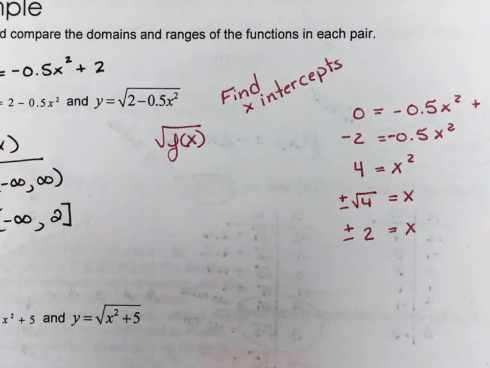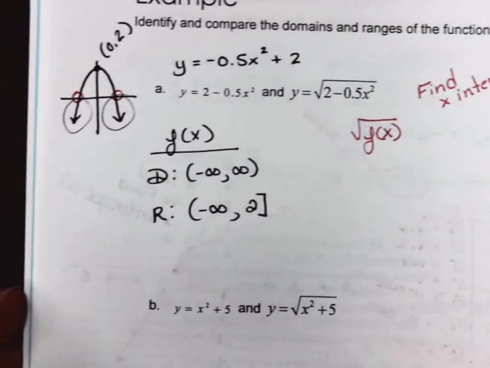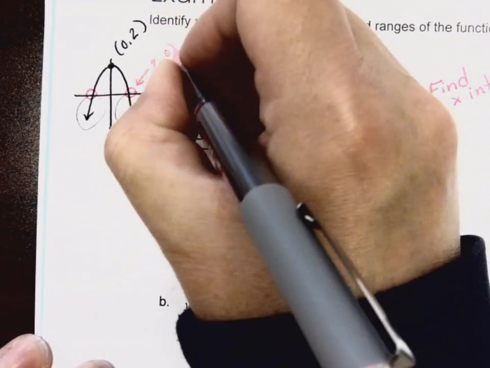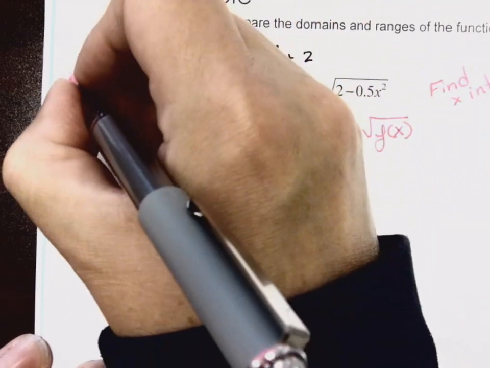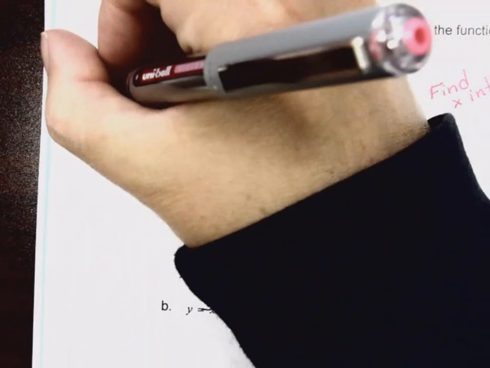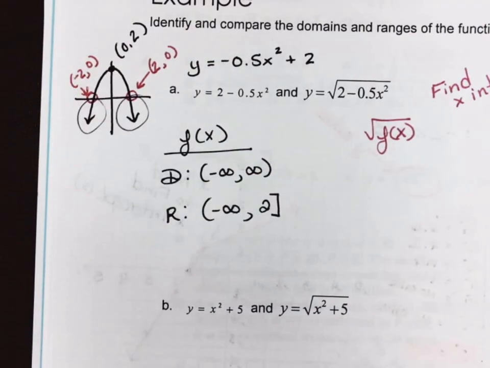So we need both the plus minus. So if I slide back over here, we know that this point is at positive 2 and 0. And we know that this point here is at negative 2 and 0. So we need both of them. We need both the positive principal root and the negative root as well.